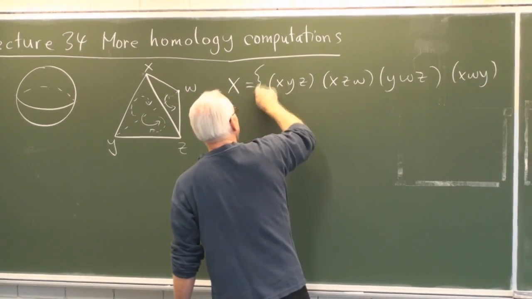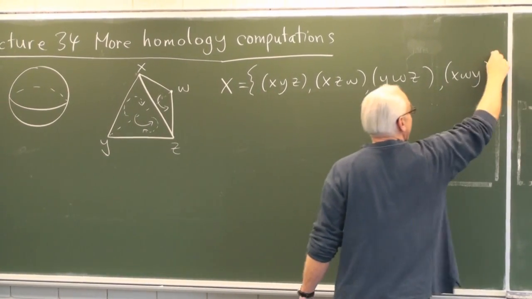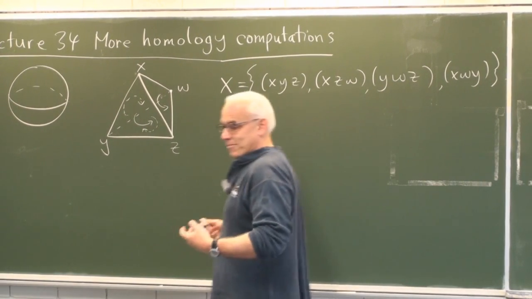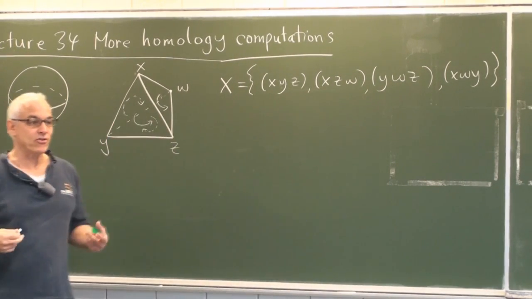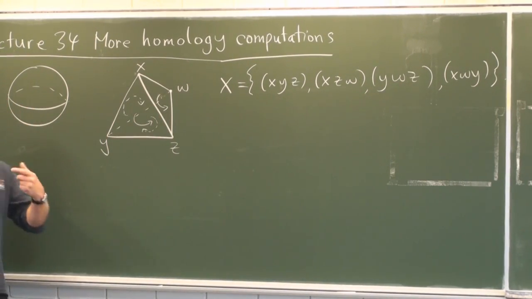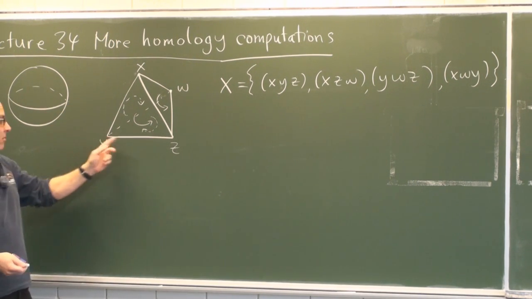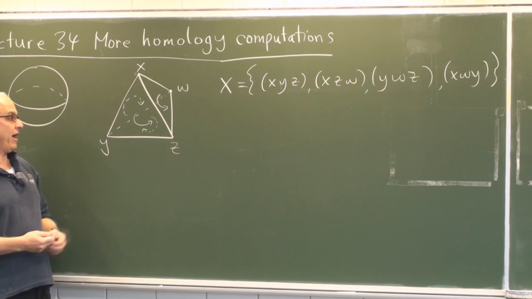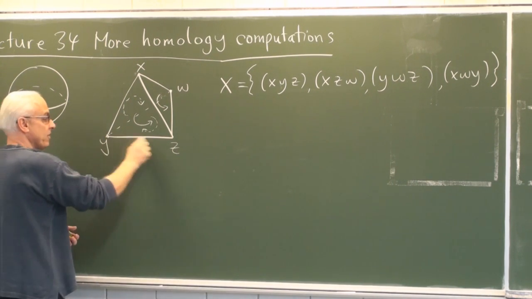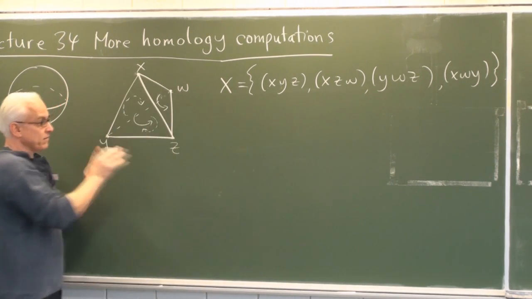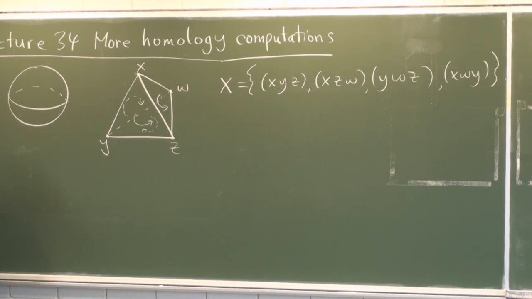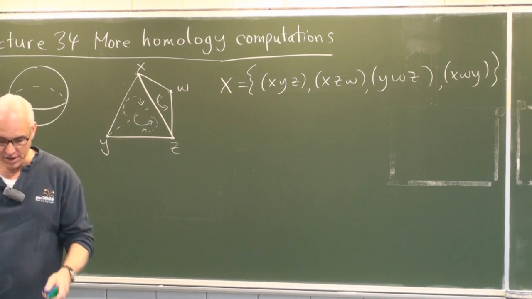So we can think of it in terms of those four simplices. Those are the maximal simplices, the triangular faces. Of course, each one of those triangular faces has some subsimplices, namely the edges and the vertices themselves. But the space itself is determined by specifying the maximal simplices. So there they are.